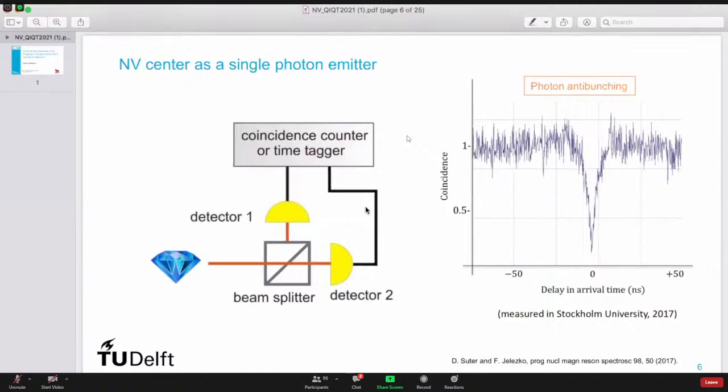Now, when we change the delay, we see that for a certain amount of delay there is no coincidence, or no event detected. This delay corresponds to the optical combined with the electrical path difference between these two paths. And if they have exactly the same optical and electrical path difference, then at zero delay we should get a dip. That signifies that at the input we are basically giving a single photon.